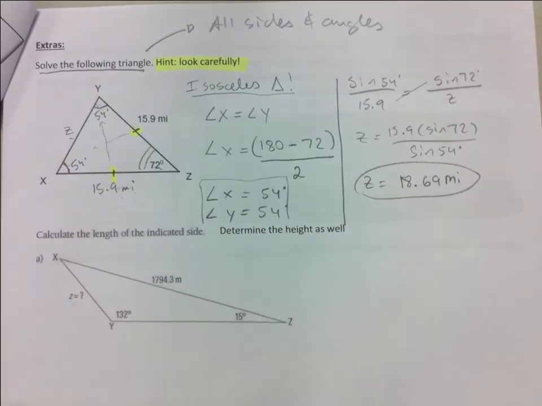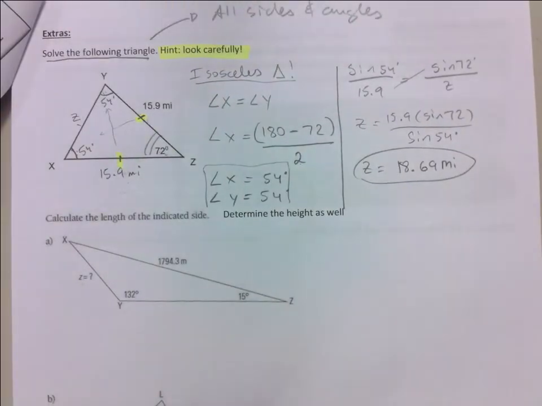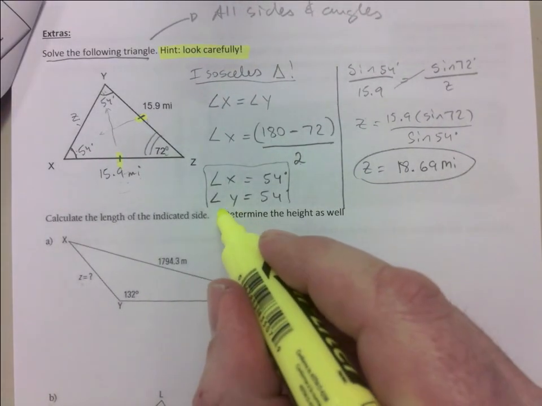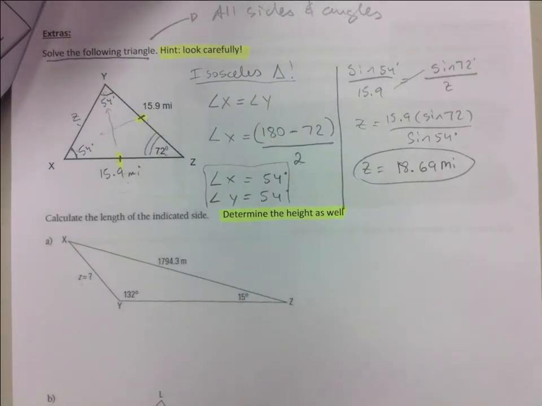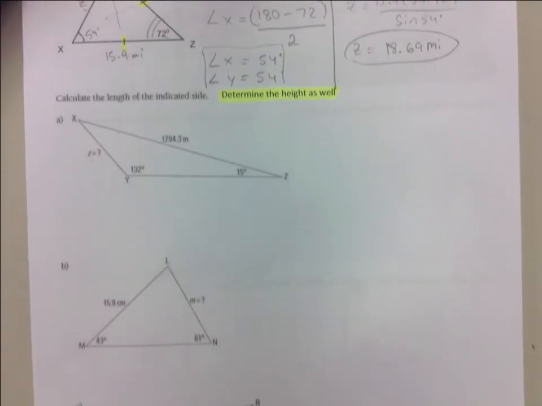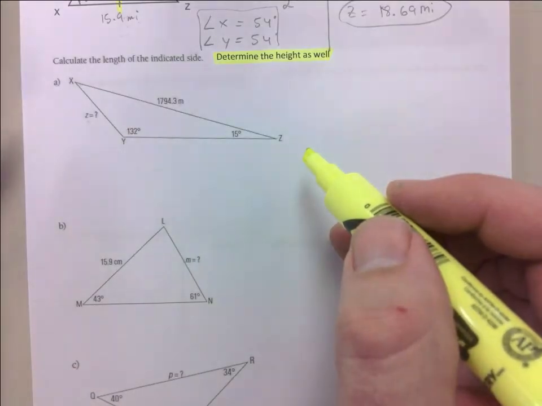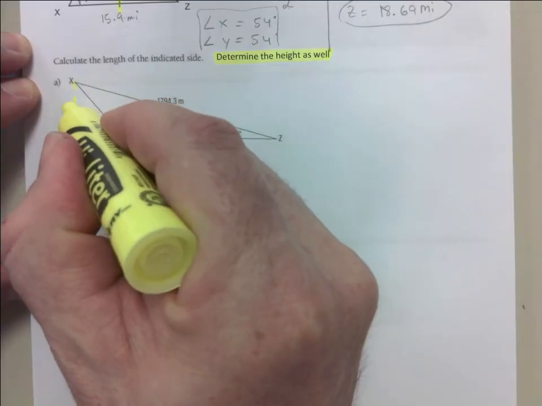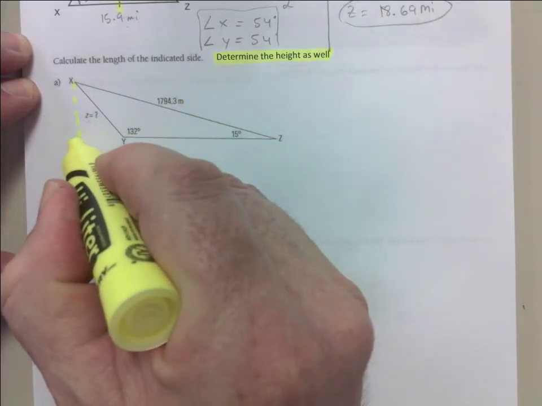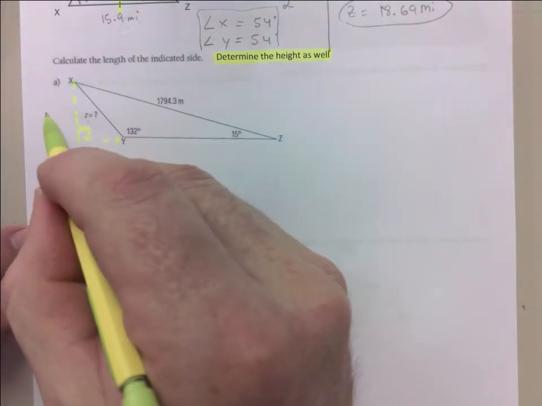For all of the questions that follow, just so you know, it's asking you to determine the height as well every time. Determine the height as well. So this is what I'm going to do. If you have a highlighter, I'm just going to tell you, this triangle right here, once you solve for the missing side or angle, you want to proceed with finding the height as well after, okay?